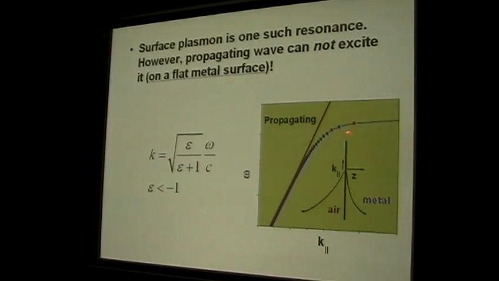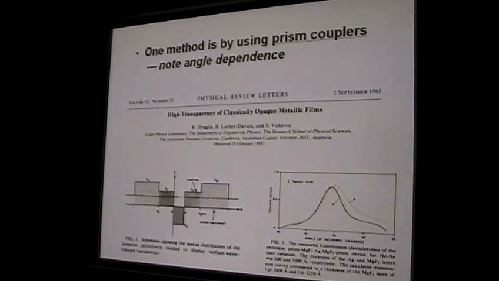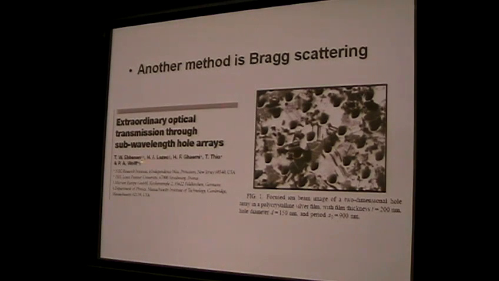Now the idea is if you add a periodicity, the Brillouin zone scattering will fold this branch back onto the first Brillouin zone, so that a propagating wave can couple to the surface plasmon. That's the idea of Bragg scattering. So indeed, Thomas Ebbesen found that if you drill the metal film with a periodic subwavelength hole array, then the surface plasmon can be excited by the plane wave.